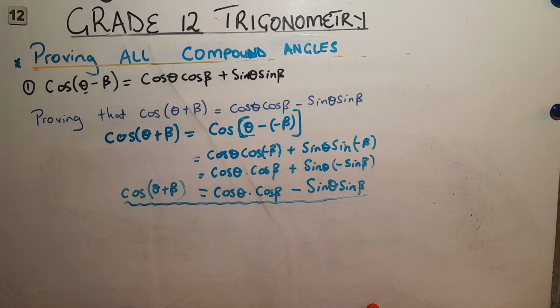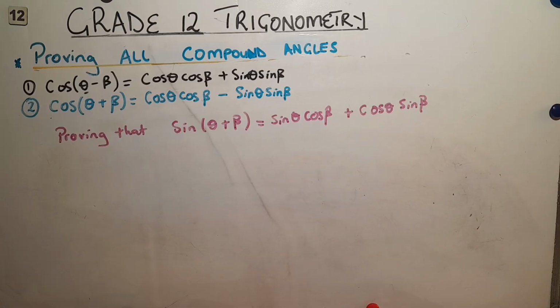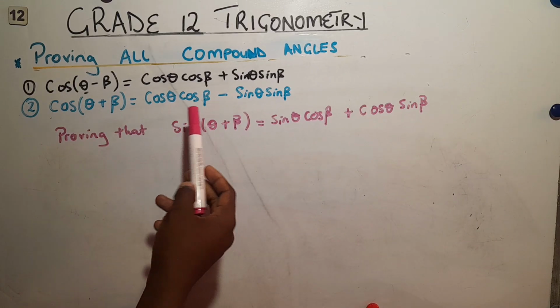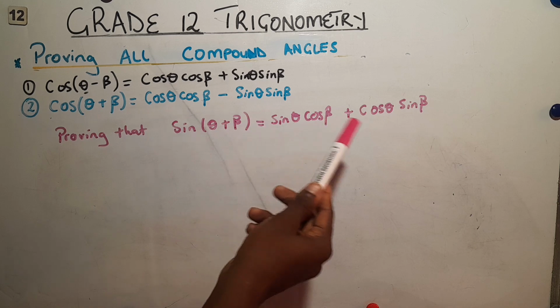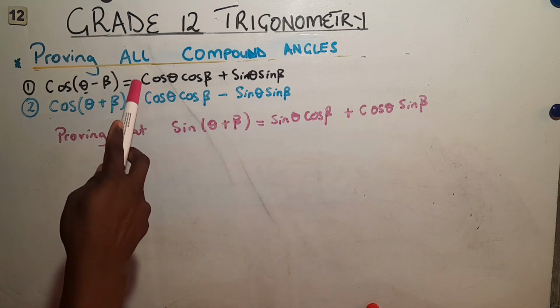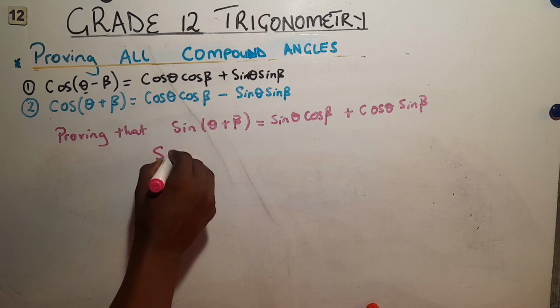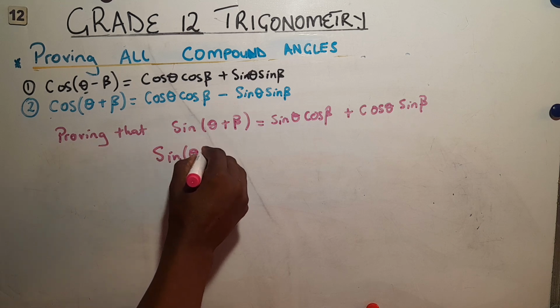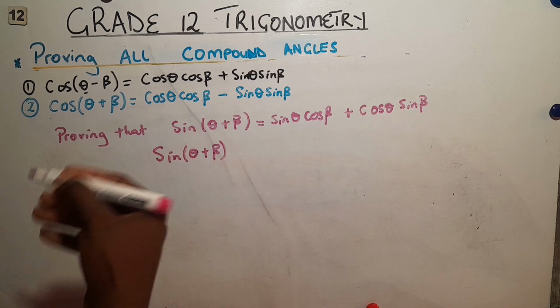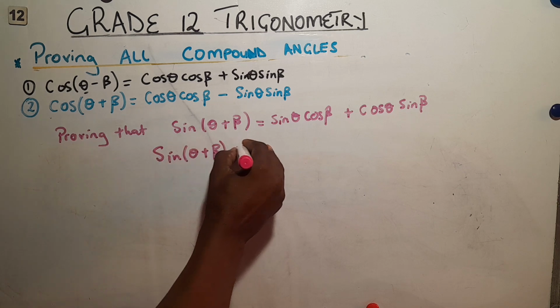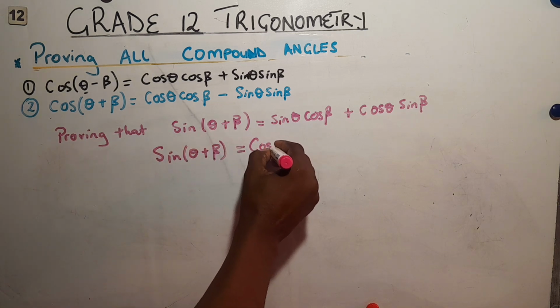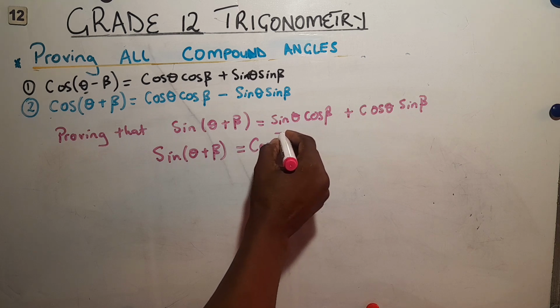So let's go to the third identity and see how you can prove that. Sometimes you can be required to prove that sine of (theta plus beta) is equivalent to that using this exact one, right? So what we can do now, we can try to use the co-ratio. So this, our sine of (theta plus beta), using the co-ratio, we know that this is equivalent to cos, and then we can introduce the 90, right?